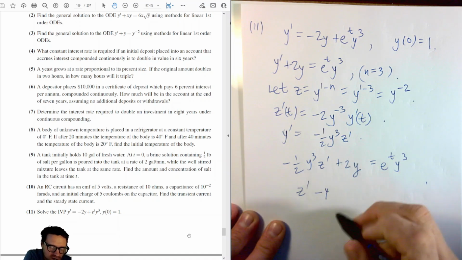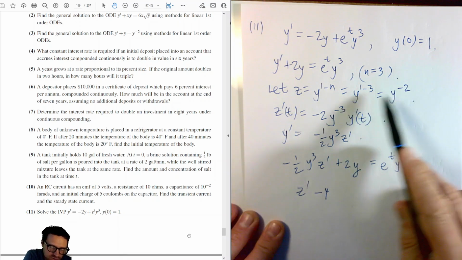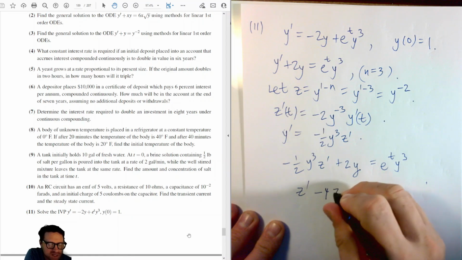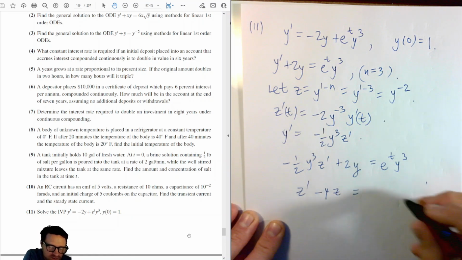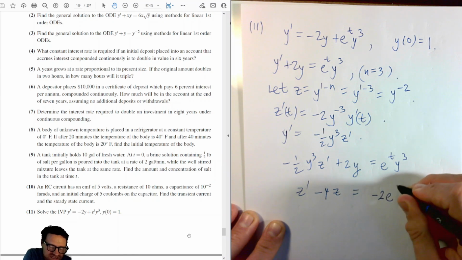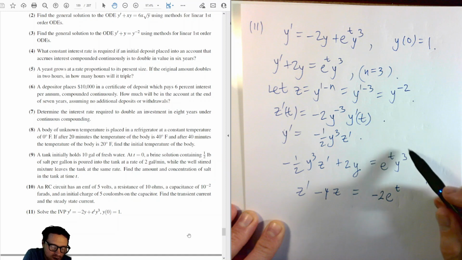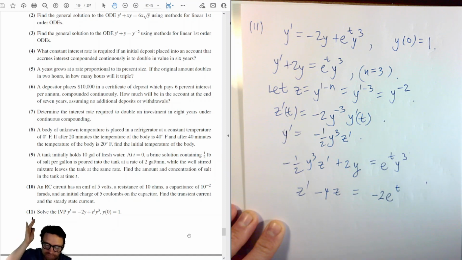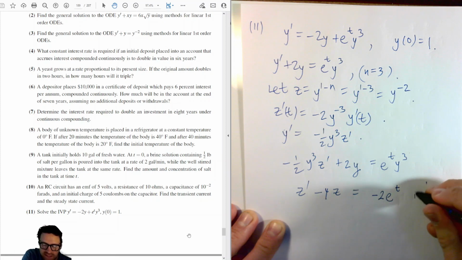So y over y cubed is y to the power of minus 2, which is z. So minus 4z equals minus 2e to the t. Y cubed divided by y cubed is 1. All right, great. So now this equation is linear.